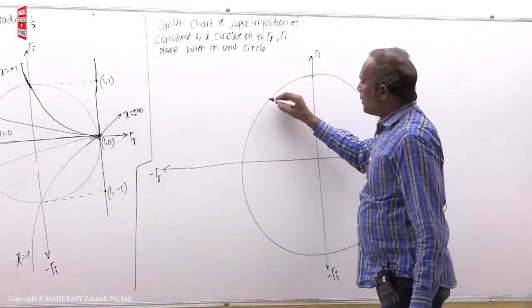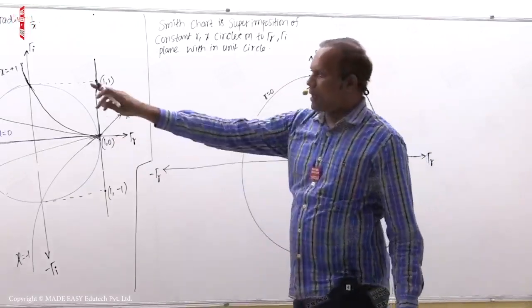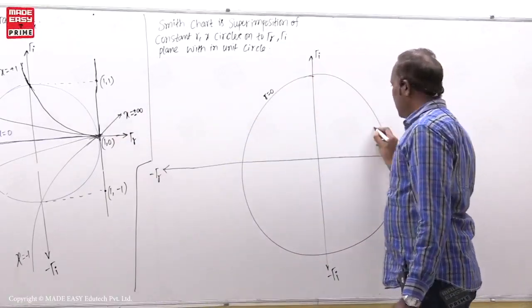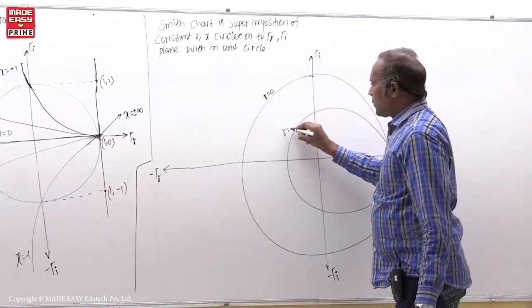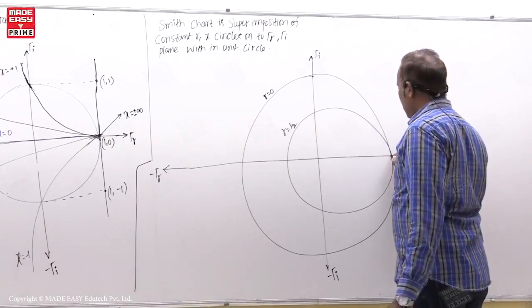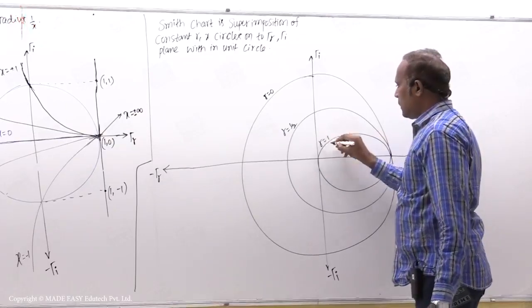So this is the r is equal to 0 circle. First one, r is equal to 0. Next comes the r is equal to half circle, like this. Next comes the r is equal to 1 circle, like this.